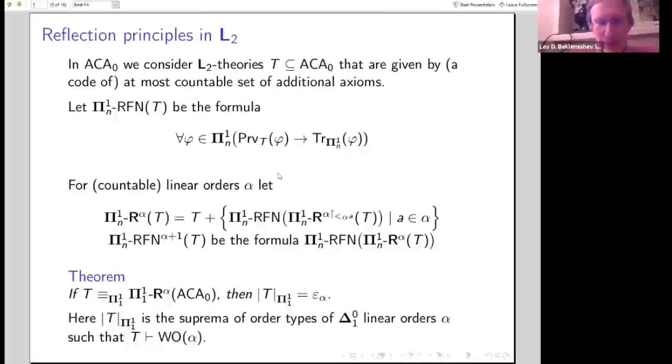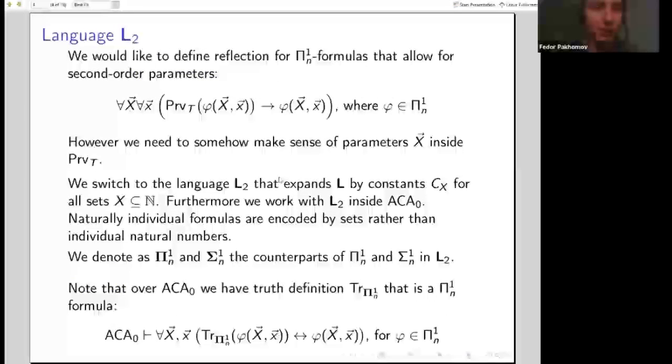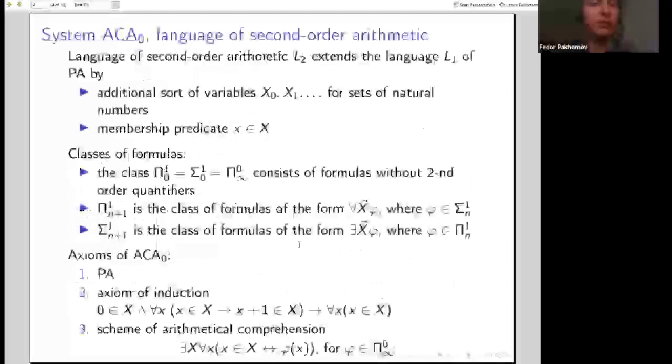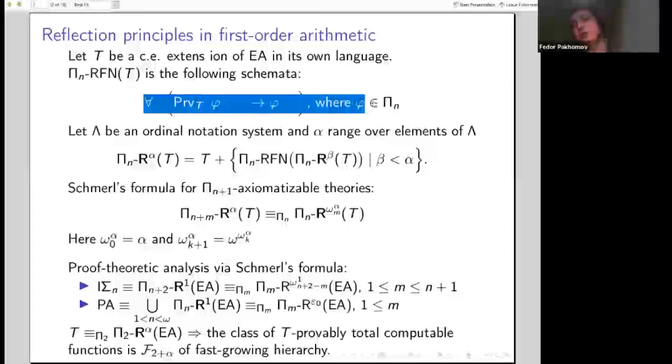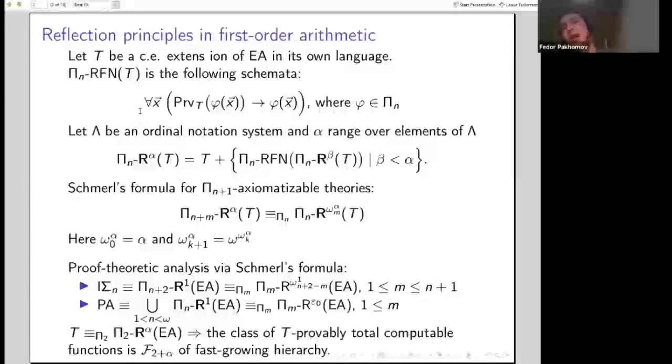Okay. So this will be the reflection schema, the second-order kind of reflection. If you formulate something analogous to this, here we will need these two kinds of parameters, but it will be equivalent to the scheme that I wrote down below.